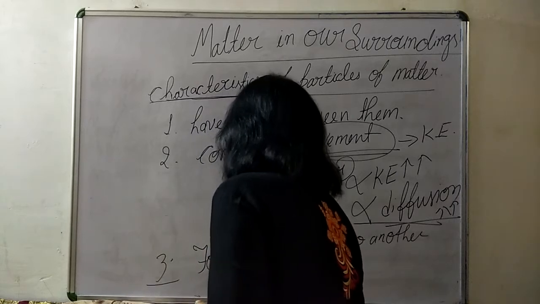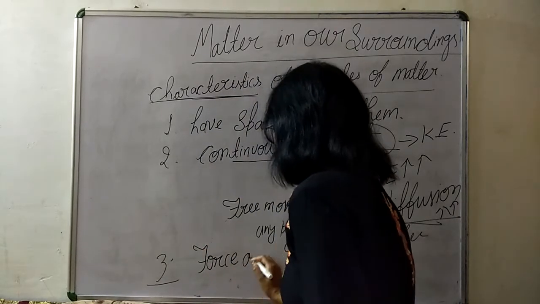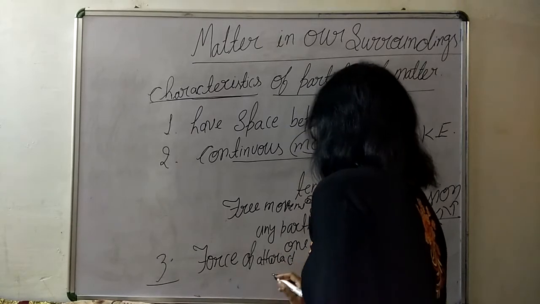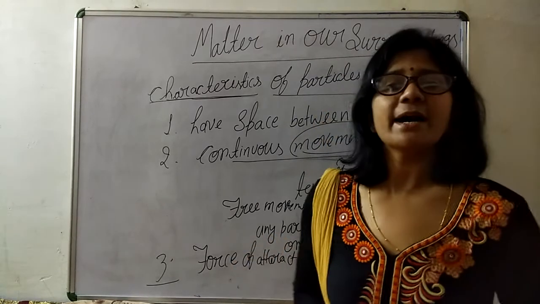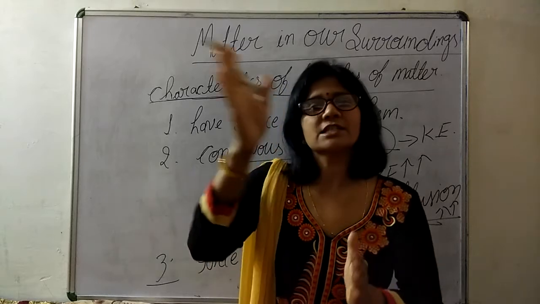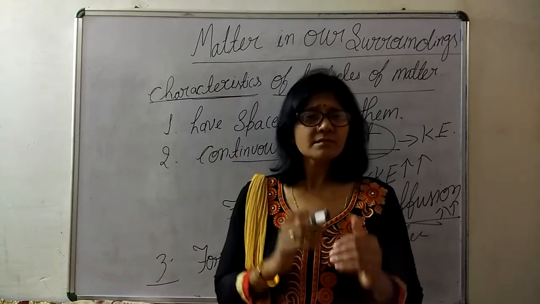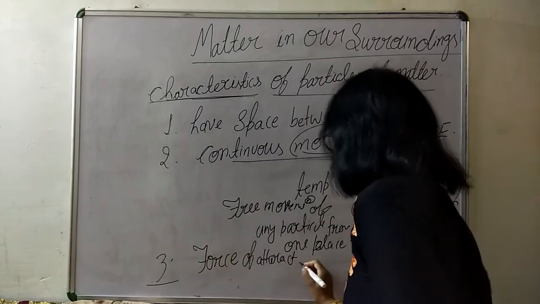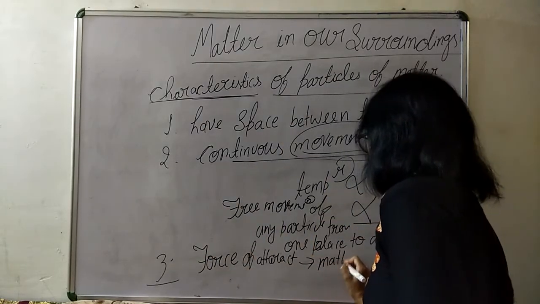So the next and important third property is the force of attraction among particles, which helps to make the particles into matter. This can be of different types and varies from matter to matter.